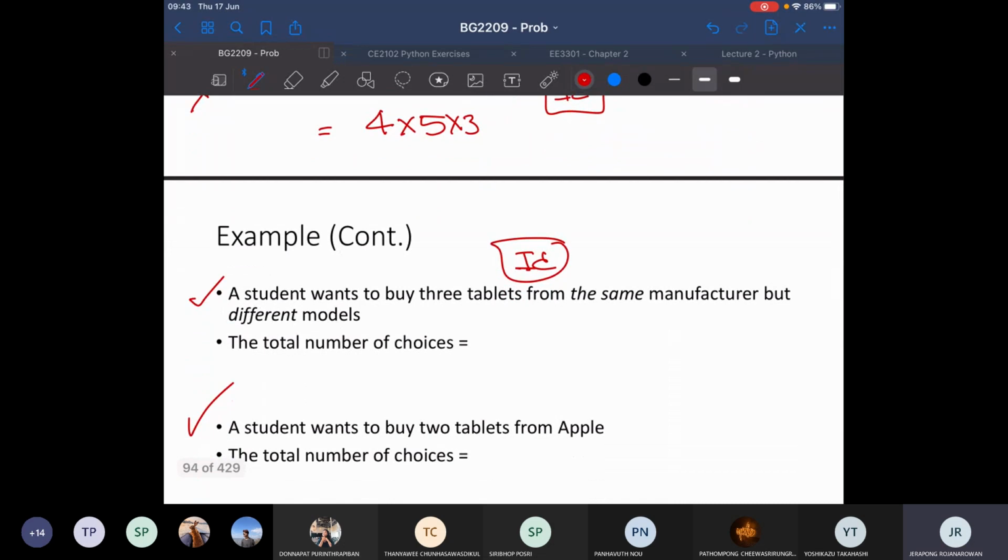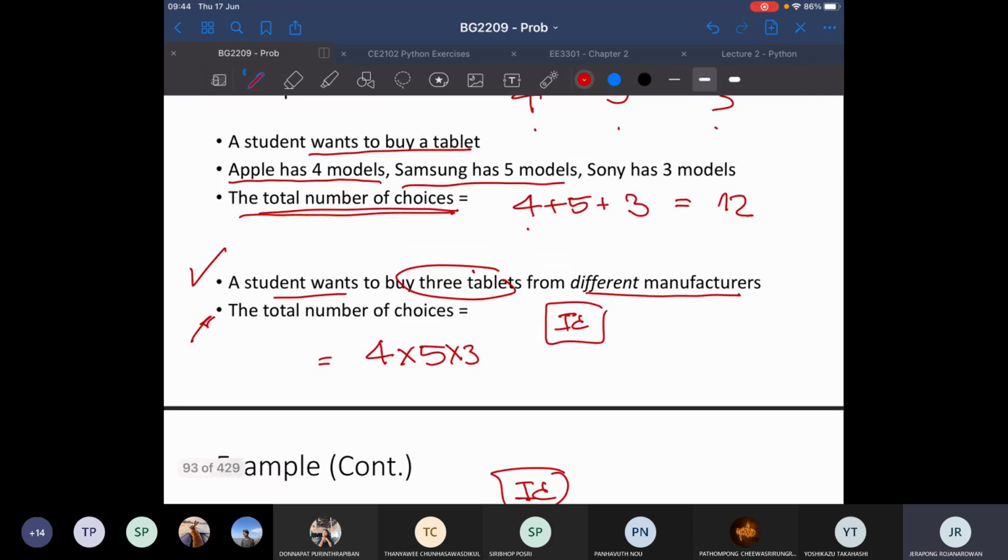And then this time you want to buy 3 also, but you want to buy from the same manufacturer. But if you choose the same manufacturer, it must be different models. You cannot choose the same one. So in this case, what's gonna be? In 4 you have to choose 3, in 5 you have to choose 3, and in 3 you have to choose 3.